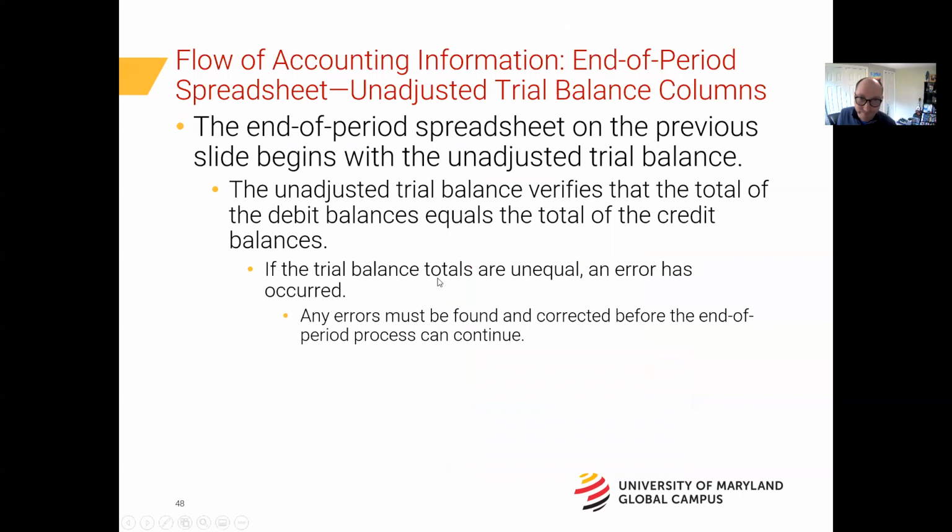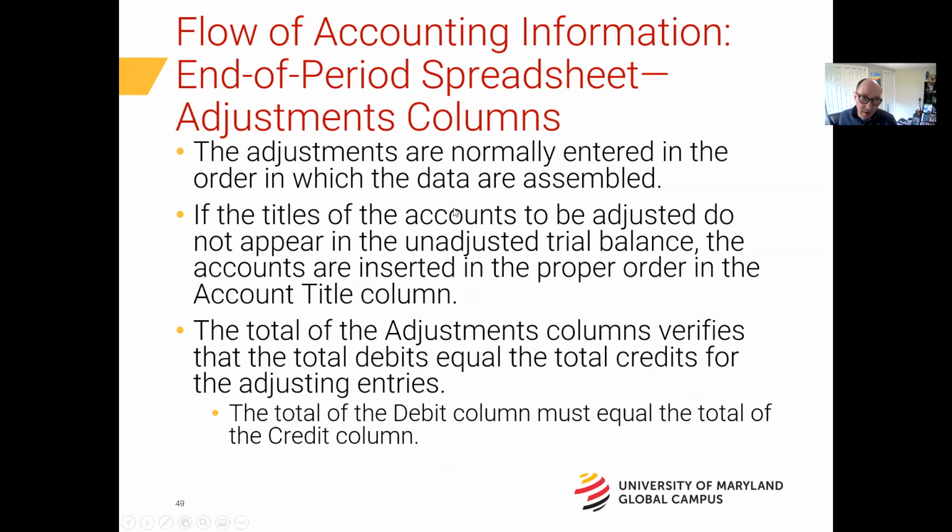It's pretty cool. Now you can use a spreadsheet for performing your unadjusted trial balance, and what that does is it helps us to identify any type of errors. Truly in practice, do we use spreadsheets? Yeah, we use them all the time.